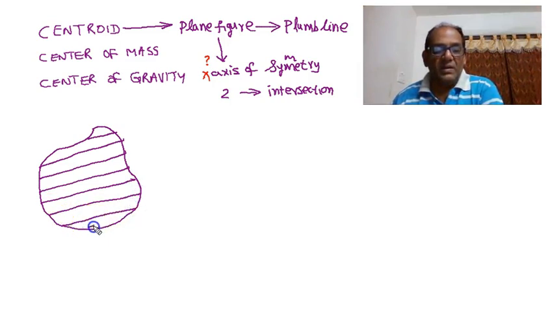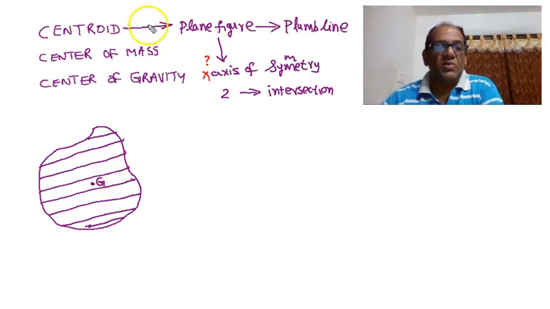Okay. When we say we want to locate the centroid of this, centroid is a point. That point typically is represented by symbol G. If you have several objects, you will have G1 as the centroid of object 1, G2 as the centroid of object 2, and so on.